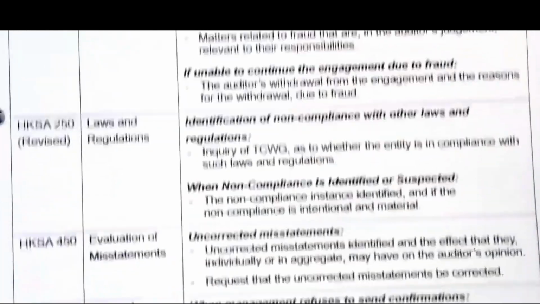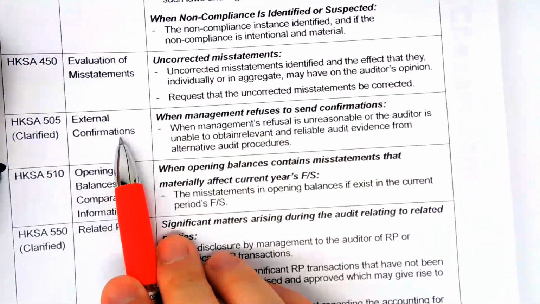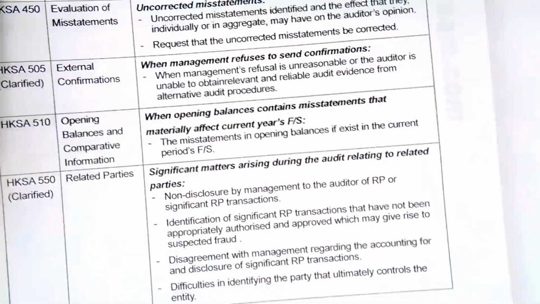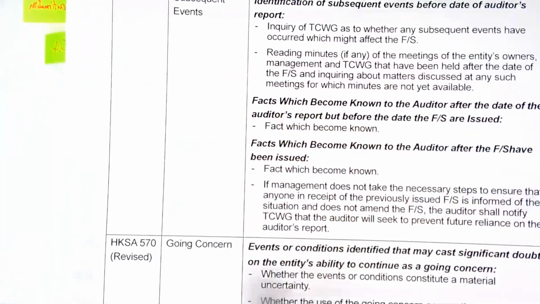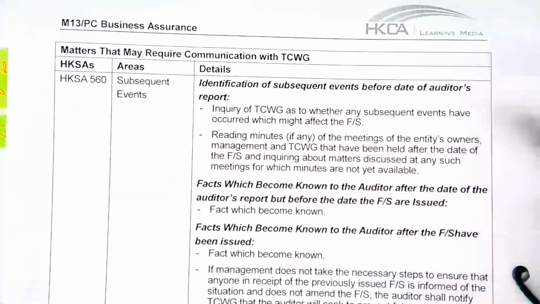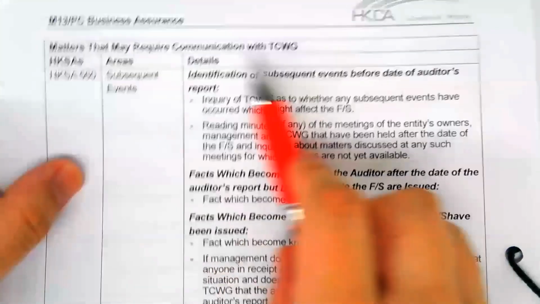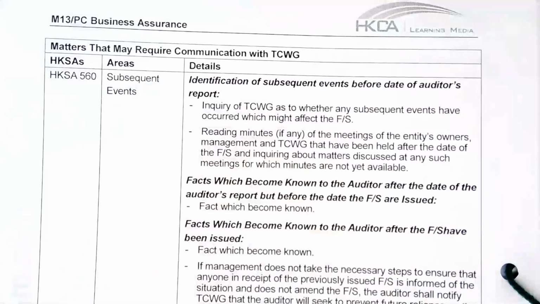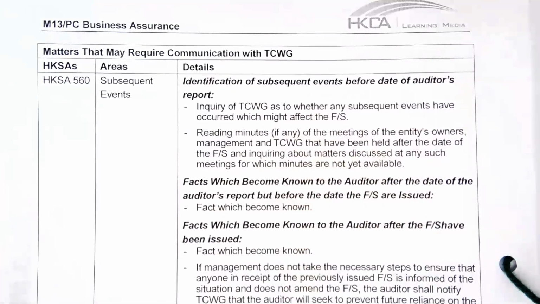Okay, and you can see when the question hits laws and regulations, evaluation of misstatement, external confirmation, opening balances, related parties, etc. Particular auditing standards. You see, subsequently when concerned, there are certain things that you actually need to communicate with those charged. Therefore, when these things happen, and it asks you audit procedures or audit response as an auditor, communication with those charged is actually one of them.